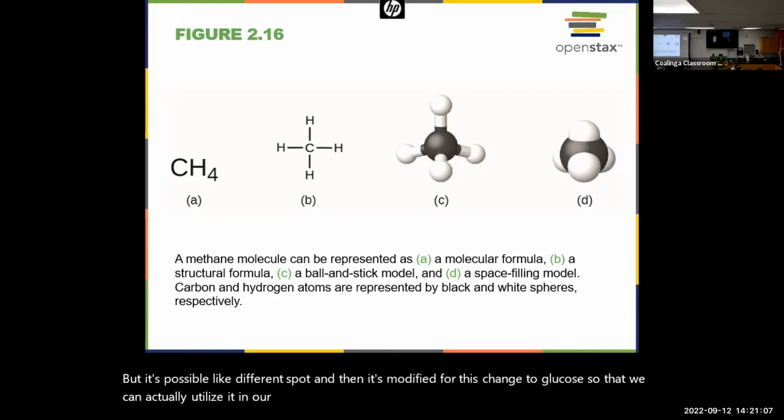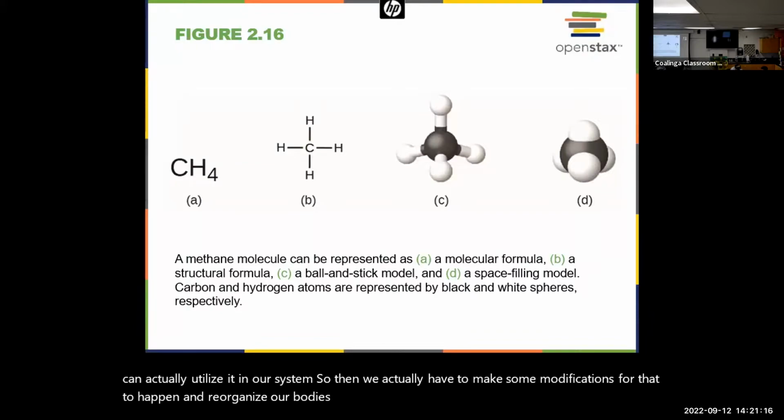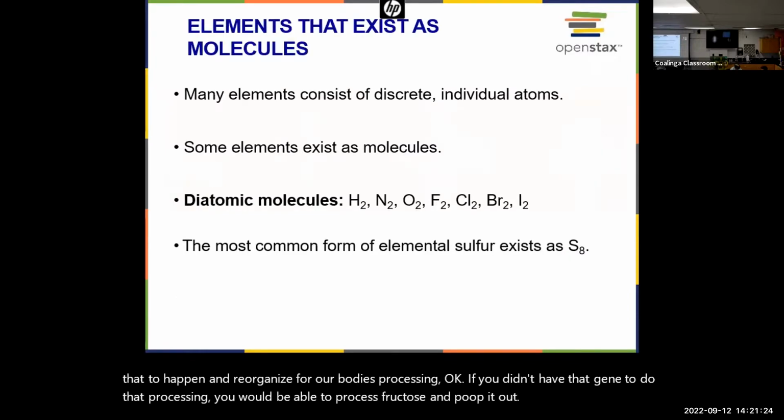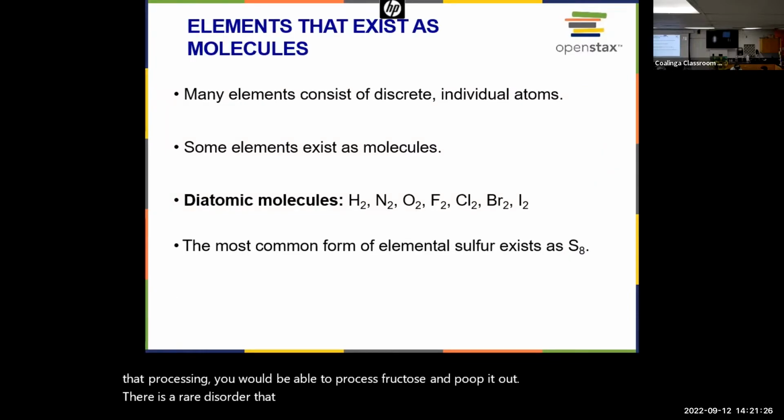It has to be cut and reorganized for our body to process it. If you didn't have that gene to do that processing, you wouldn't be able to process fructose, and you poop it out. There is a rare disorder that is the case, but most people are okay.